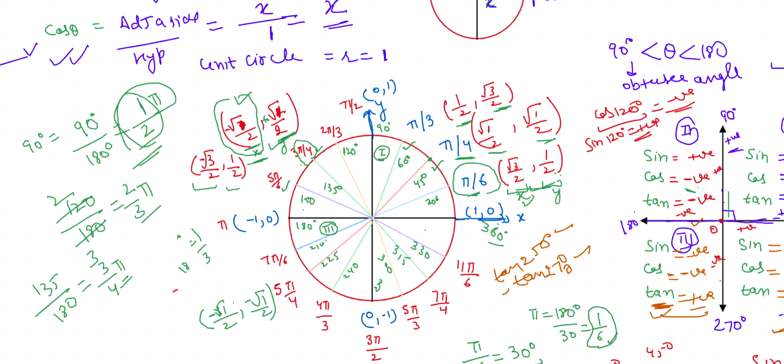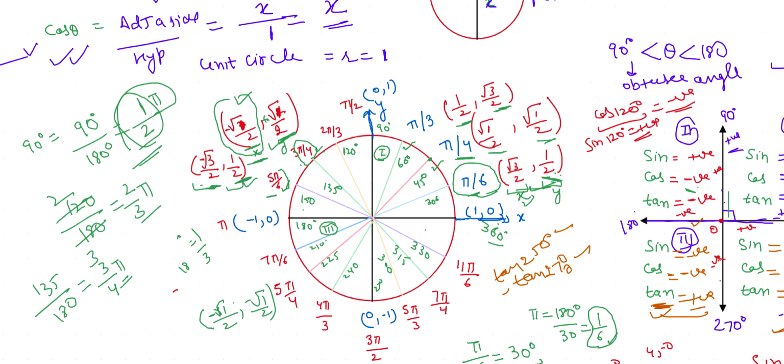But just see the value for pi by 6. It is root 3 by 2. In this section the value is negative, that is minus. Clear? But for sine theta, it is 1 by 2 for pi by 6, and that is also 1 by 2 for 5 pi by 6.